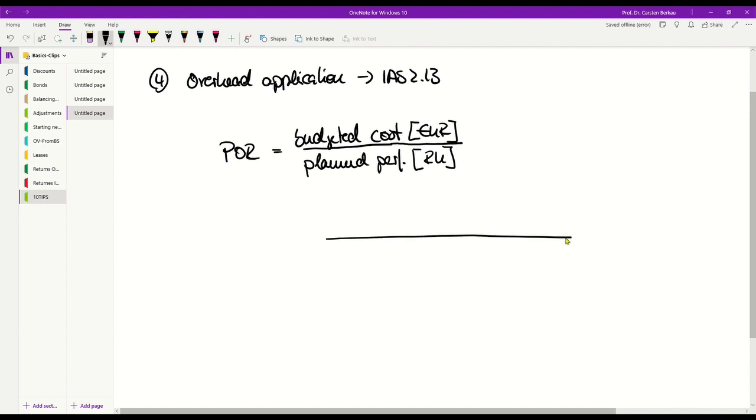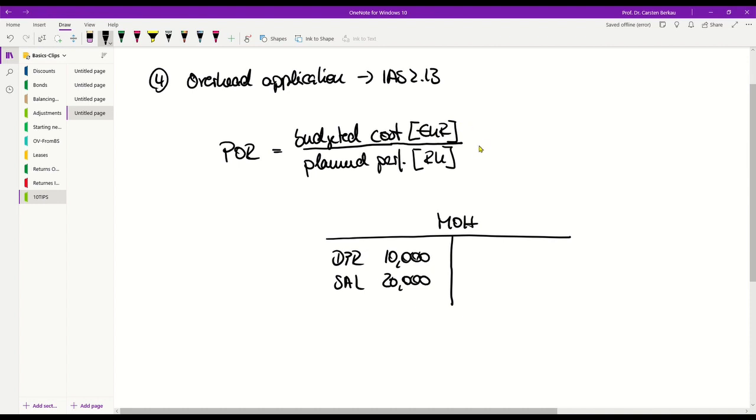Now we assume we have, for example, a manufacturing overhead account, and you have some items on the debit side, like depreciation, let's say 10,000. And you have, for example, salaries to the extent of 20,000.